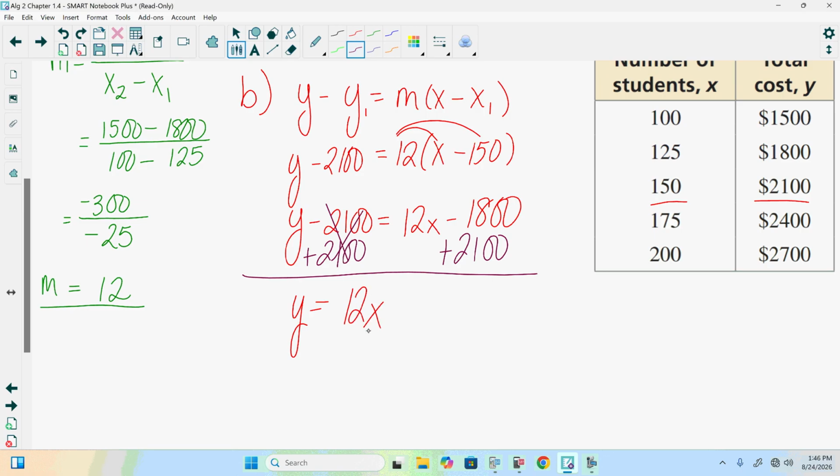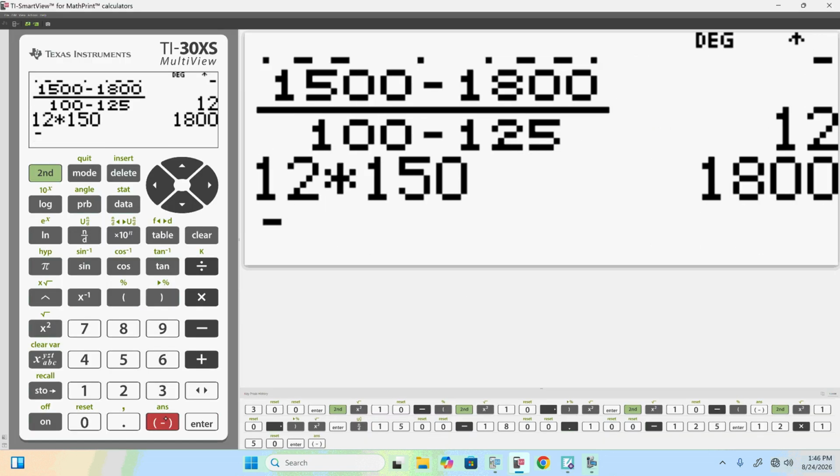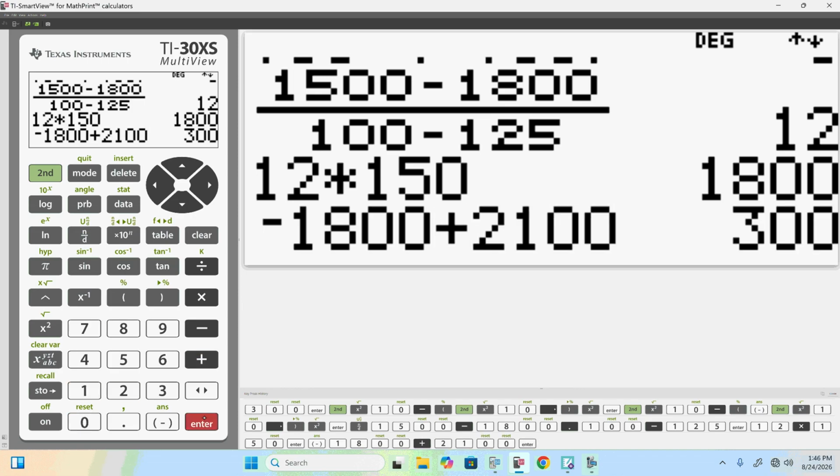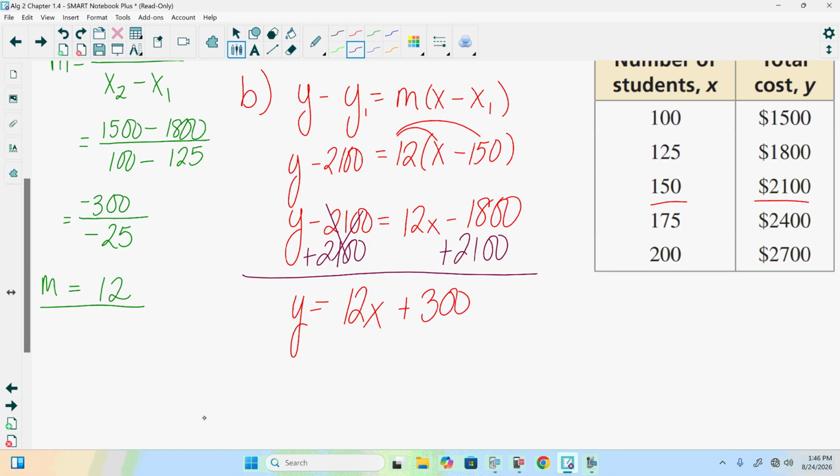So we have negative 1800 plus 2100, 21 minus 18 is 3, so positive 300. So the equation for our other line is y equals 12x plus 300.